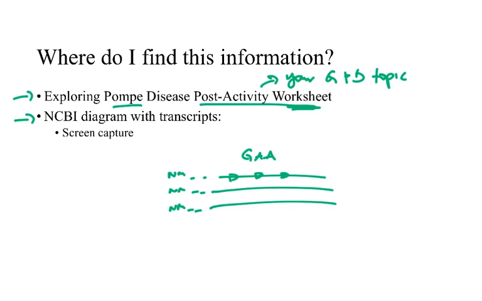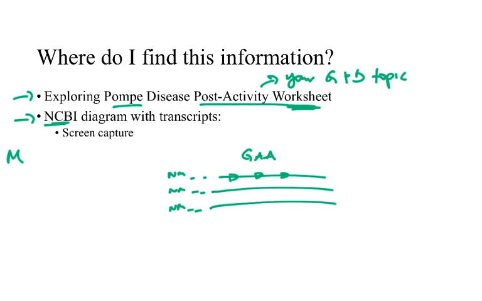So this isn't something that you create, rather this is something that you pull from NCBI. So what I recommend is using some kind of screen capture tool to grab that image from NCBI and then insert it into your figure 1. Make sure you're referencing that appropriately, so include that in your references in the header for your figure 1.